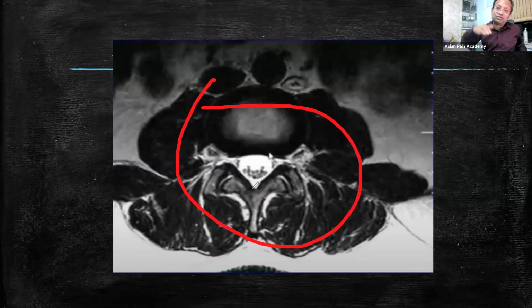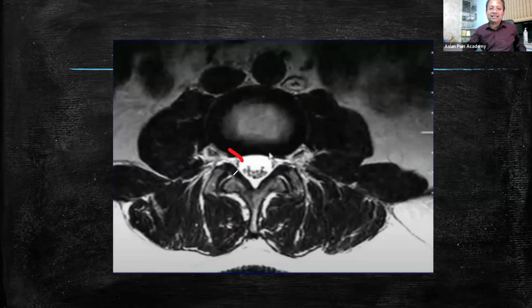They will come out caudally. Okay, so these are traversing roots and these are exiting because this is one foramen. So here it is just exiting. Maybe this will exit just below, but then no, this is exiting here only. It is near the foramen. So these are exiting roots and lumbar roots.